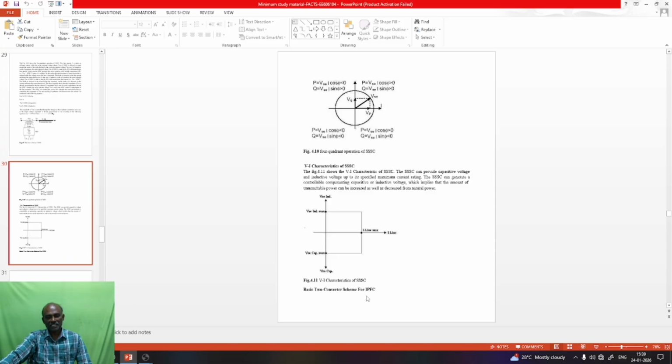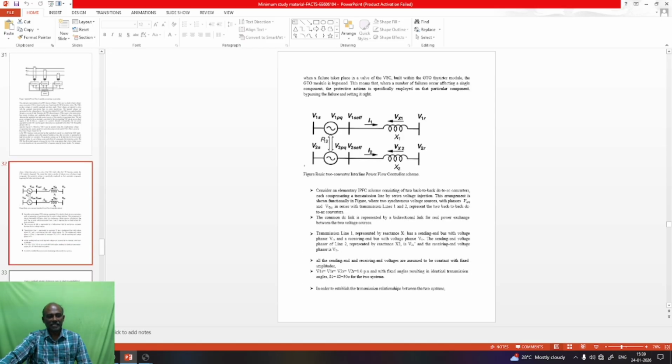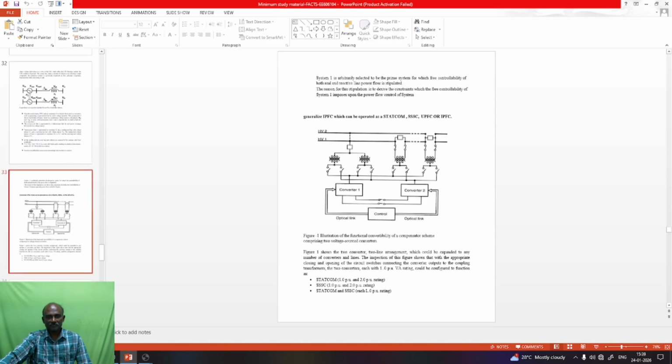The basic two converter scheme for IPFC. Here also we have two basic converters. In interline power flow controllers, we have n number of converters, using which we can have many advanced applications in the transmission system.